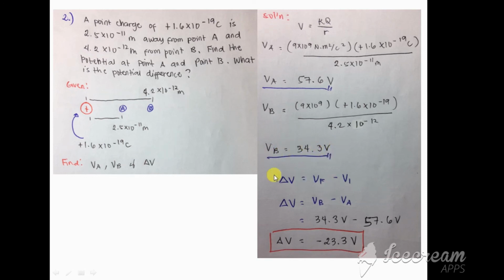Okay, now that we have the electric potential of A and B, we can now compute the electric potential difference.